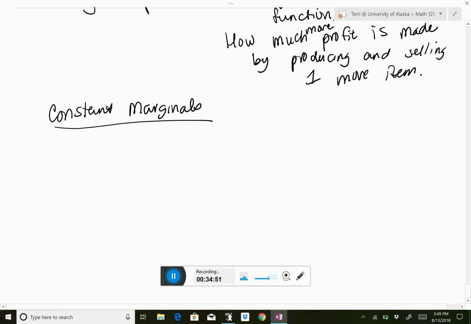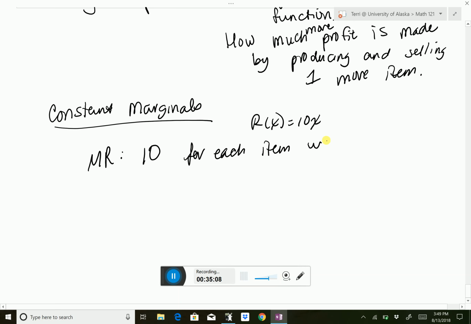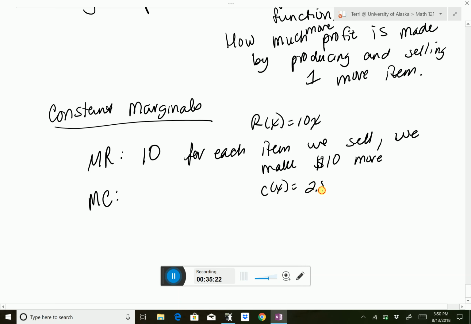So let's look at our marginal revenue for our example. Well, remember our revenue function was 10x. What's the slope of that line? 10. So this means for each item we sell, we make $10 more. So marginal cost, remember our cost function was 2.5x plus 1250.